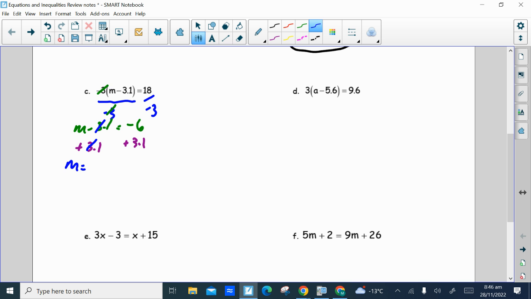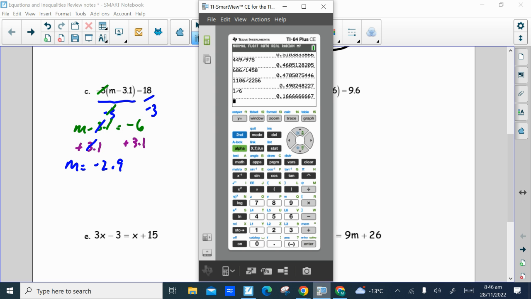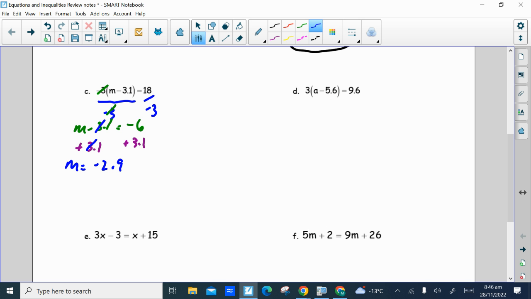And on the right side, negative 6 plus 3.1 is negative 2.9. And again, if you're not sure, use your calculator. Negative 6 plus 3.1 is negative 2.9. So we have negative 3 bracket m minus 3.1 equals 18.